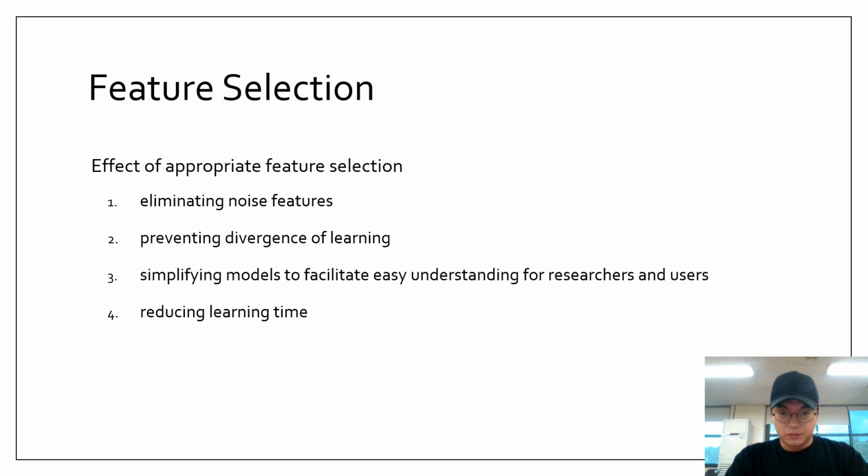So, appropriate feature selection eliminates noise features, prevents divergence of learning, and simplifies models to facilitate easy understanding for researchers and users, as well as reducing learning time.